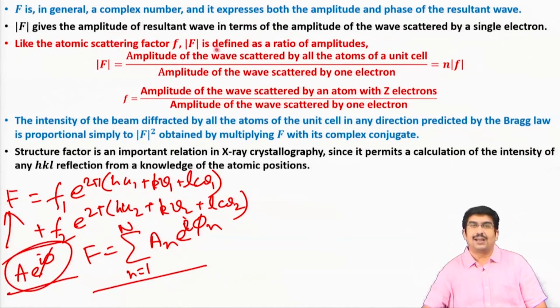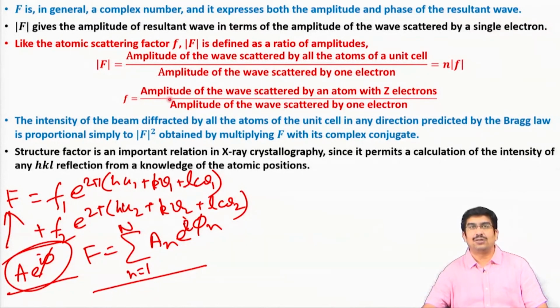Just like the atomic scattering factor, structure factor can also be defined as the ratio of the amplitudes, and the way we define it is basically the wave scattered by all the atoms in a unit cell divided by the amplitude of the wave scattered by one single electron. So, in that respect, structure factor is basically n times the absolute value of atomic scattering factor.